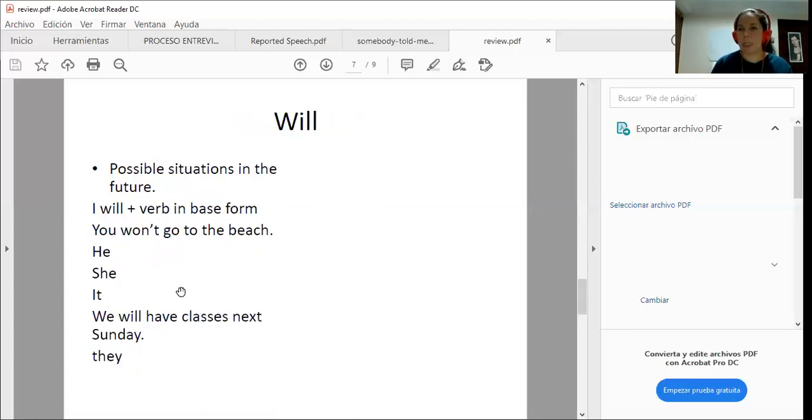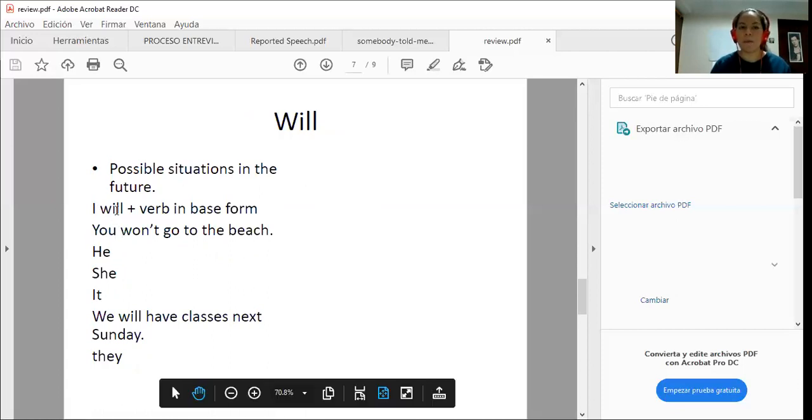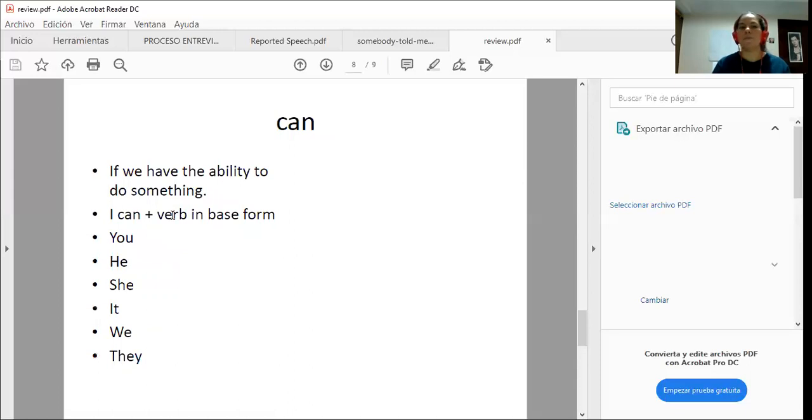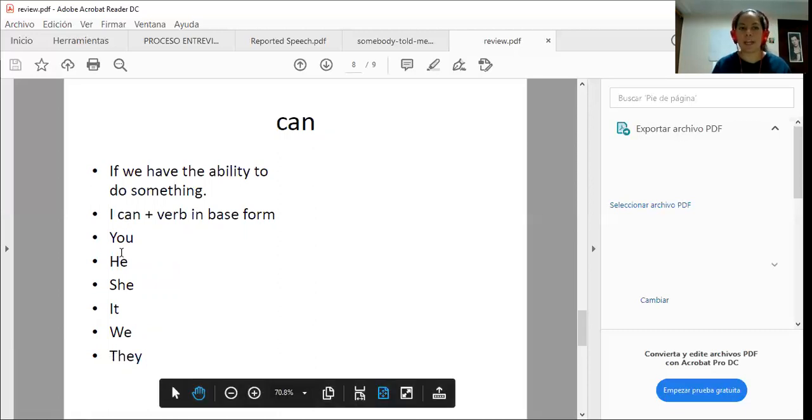Then, will. We use it to talk about possible situations in the future. And well, we use this with all the pronouns: I, you, he, she, it, we, they, will, and the verb in base form. The same for can, to talk about an ability. With all the pronouns, we use can and the verb in base form.